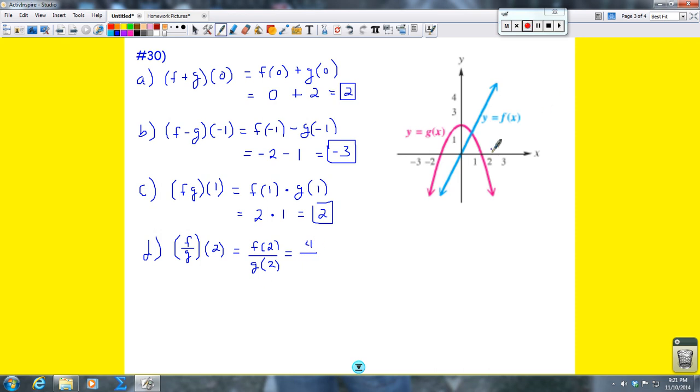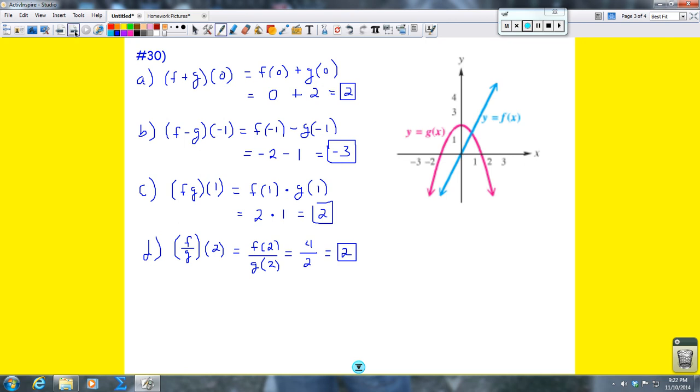Well, 2 is here, and we're looking for g, which is pink, and you got to count down how far it gets to g. My grid lines are not there right now. So I'm going to go to the book and count down, and it looks like exactly 2 units down, which puts us at 4 divided by 2, which is 2. And that completes part D, which also completes problem number 30.